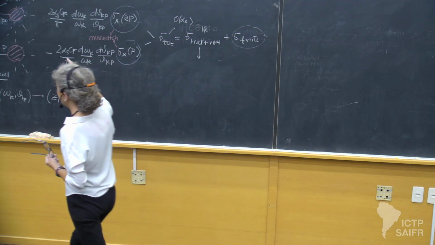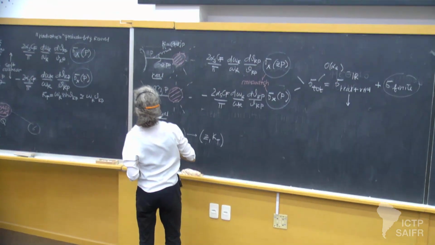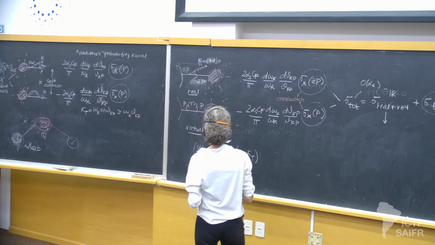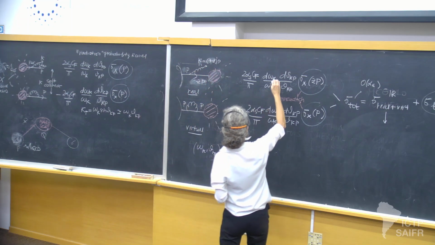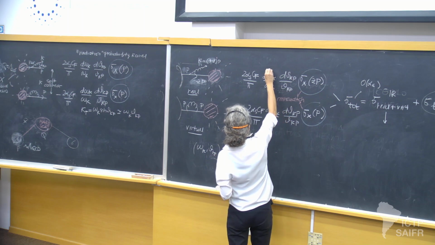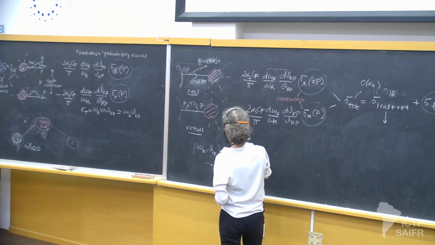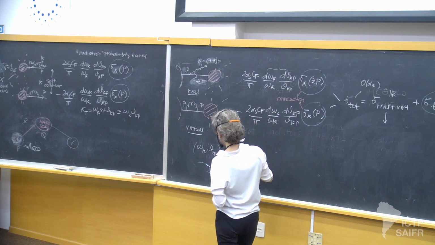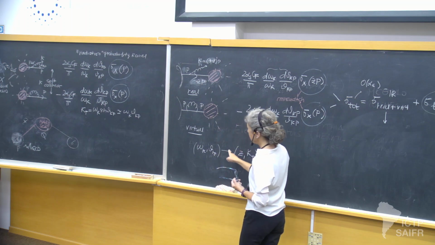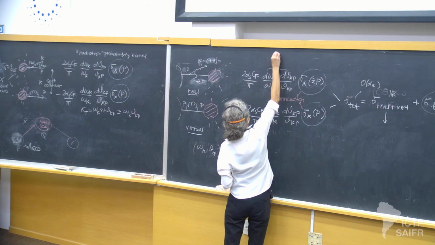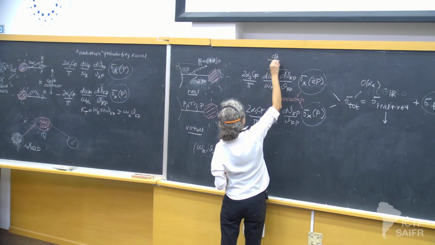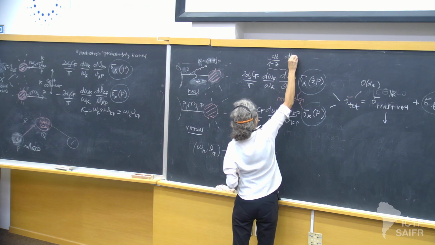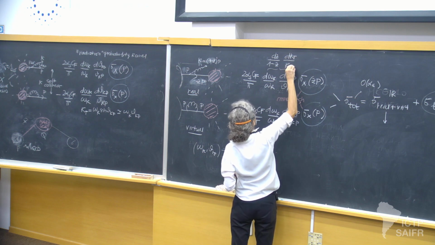So saying that k is 1 minus z p, that tells you that omega k is 1 minus z times the energy of p. So if I change this measure into the one expressed in terms of dz and dk transverse, you can do this little exercise of calculating the Jacobian, and you will see that your measure becomes dz over 1 minus z, and then dk transverse over k transverse.